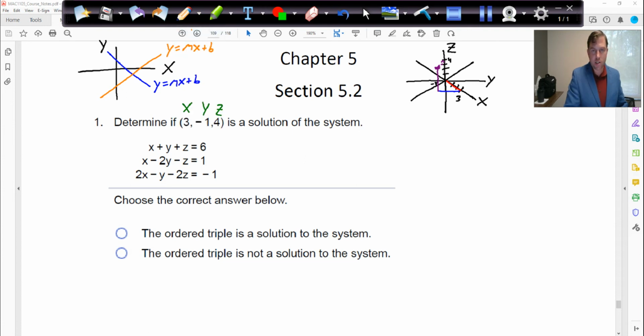The point that is a solution to both of those lines is where they cross. So this x, y would be a solution to both of those equations. Now in 3 dimensions, it's really a plane, so it's a whole, like a flat piece of paper. So you can imagine you have 3 flat pieces of paper, and how they cross is going to be the solution to the system.